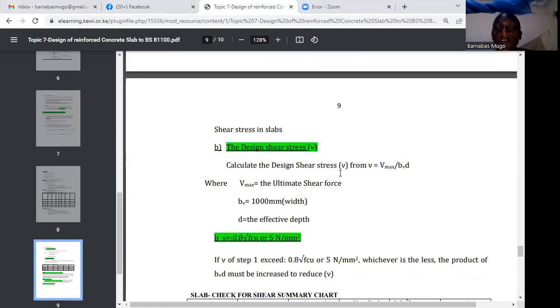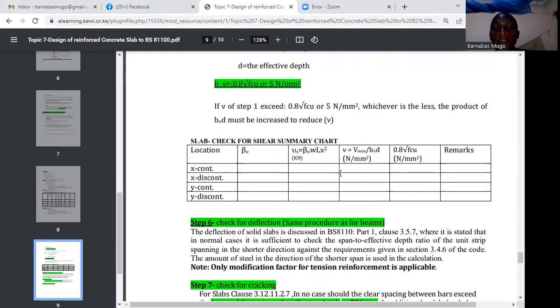In this case, V is the ultimate shear force. b is 1000, since we are designing per 1 meter width. Then d is the effective depth, the one that we have just determined by sizing our beam. Then from there, you need to compare with 0.8 root of fcu or 5 Newton per millimeter squared, whichever is the less.